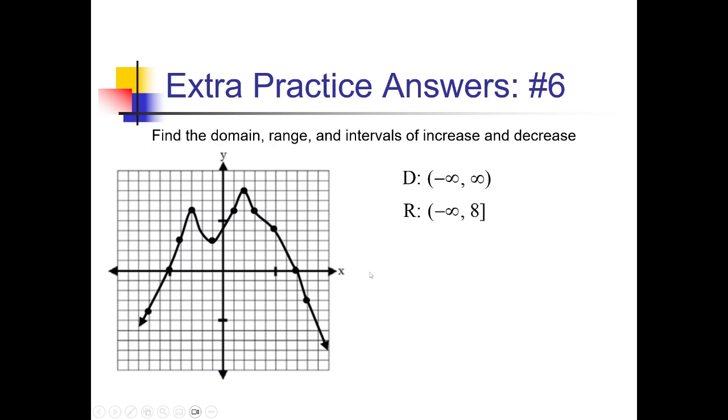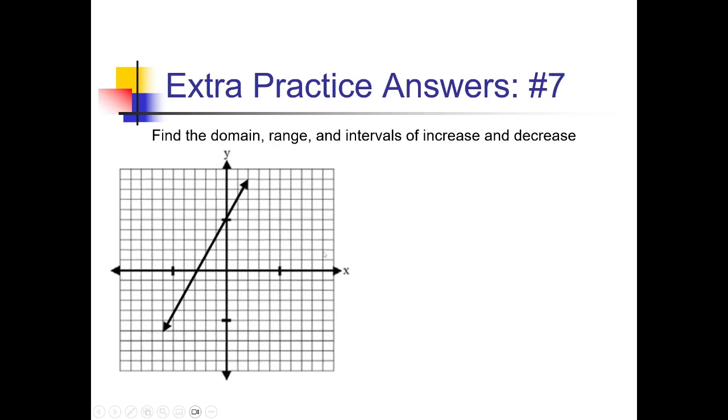For increasing, we're moving up and to the right as we go from -infinity to -3. We're also moving up in this little stretch between -1 and +2, so union -1, comma, +2. We're going down in a couple spots from -3 to -1, and also from 2, comma, +infinity.